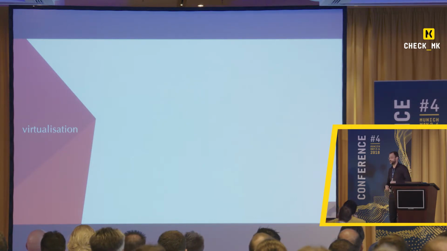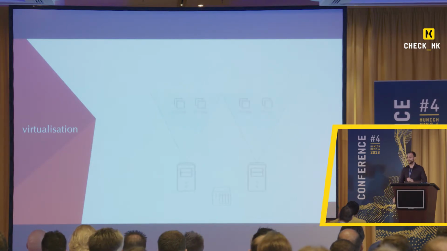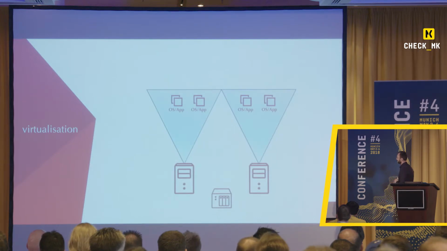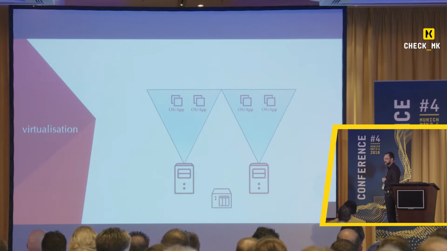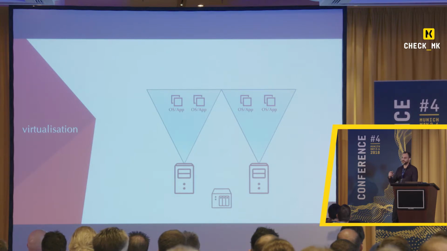And I did some really crude drawings here while on the plane to try to show this to you. This is a typical, let's say, high availability virtual machine setup. You've got two servers, which we call hypervisors, and they're running their virtual machines, which is composed of the virtual hardware, the operating system, and the application. In this case, it would be CheckMK.